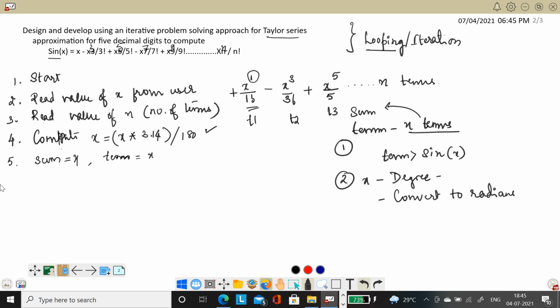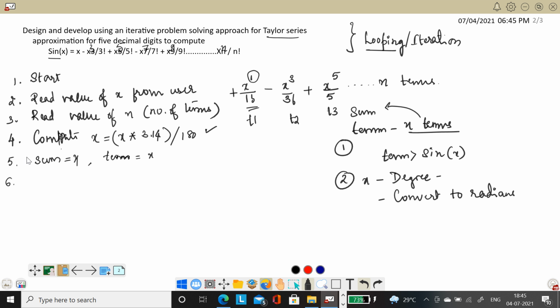Now I have to repeat the things. This problem cannot be solved using conditional statements like if and else, because you have a pattern which you are repeatedly doing. For that purpose, the iteration construct is perfectly the solution.